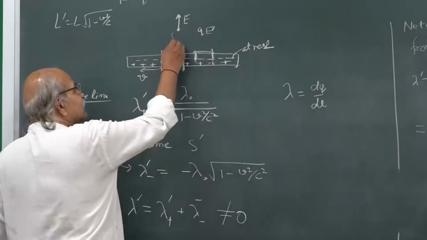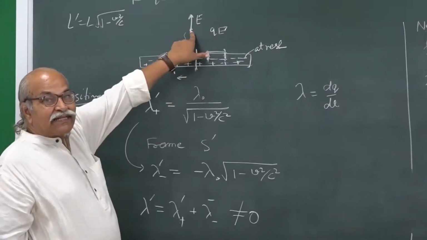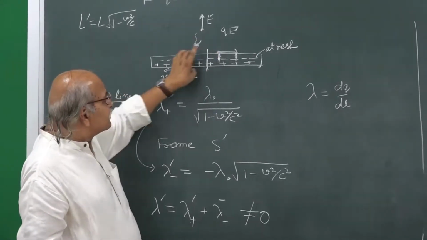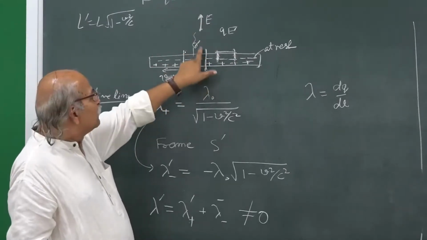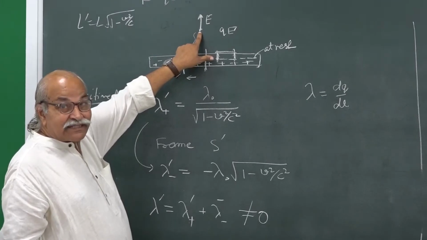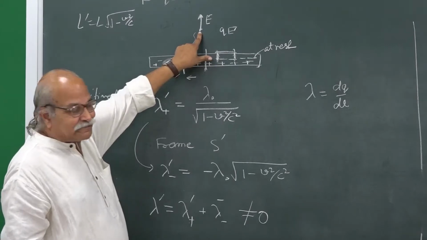So, at distance r, what will be the electric field? This positive linear charge density will create electric field everywhere. So, how much is the electric field here at the position of this charge, which is now at rest in the trolley frame?